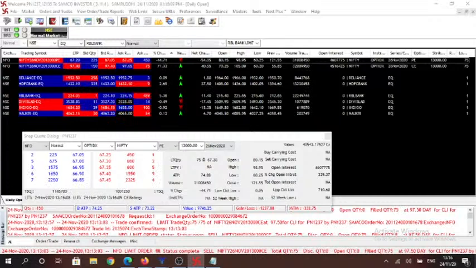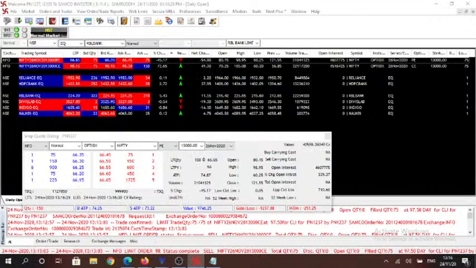Let's see if it breaks 65. There are some buyers at 67 which are not letting up. Once their order flow gets absorbed, the market will resume. So now let's see.